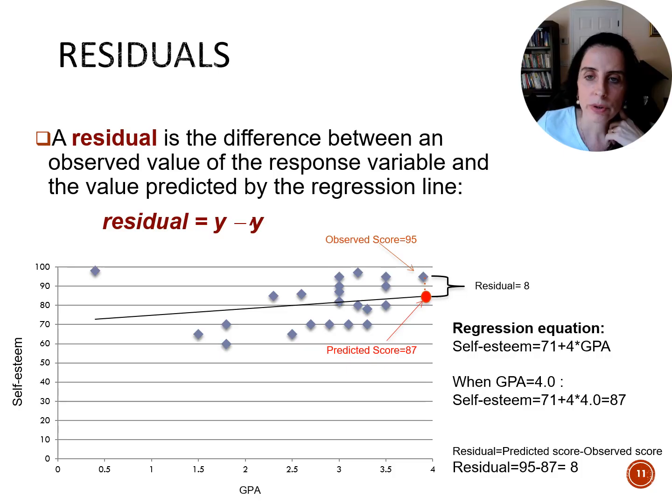When the relationship between the two variables is strong, the residuals are small because data points are closer to the regression line. For the points that are located above the line, residuals are positive. For data points located below the line, residuals are negative, and the mean of all residuals is always equal to 0.